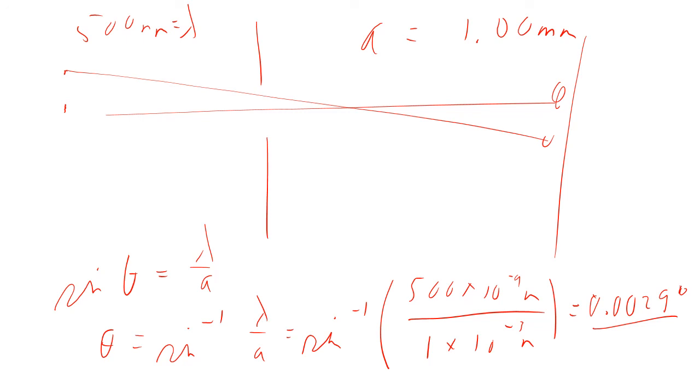When you're talking about a fraction of a degree like that, it gets you into the idea of arc minutes or arc seconds. In this case, that turns out to be an angle of 10.3 arc seconds. Remember, there are 3,600 arc seconds in 1 degree.